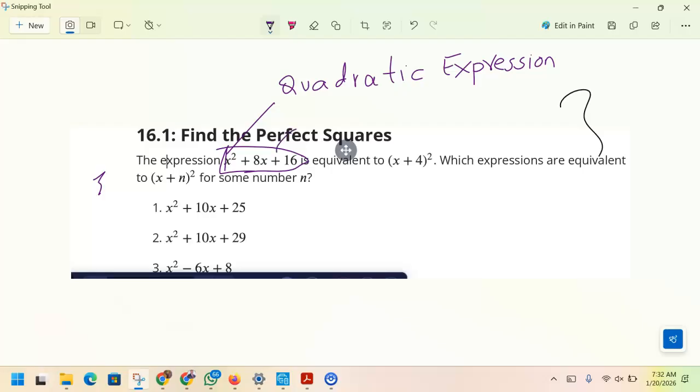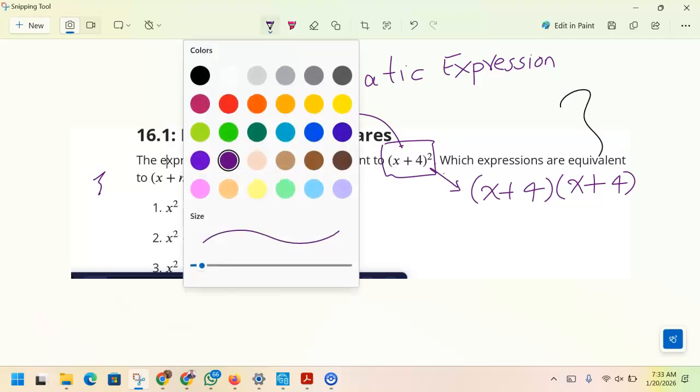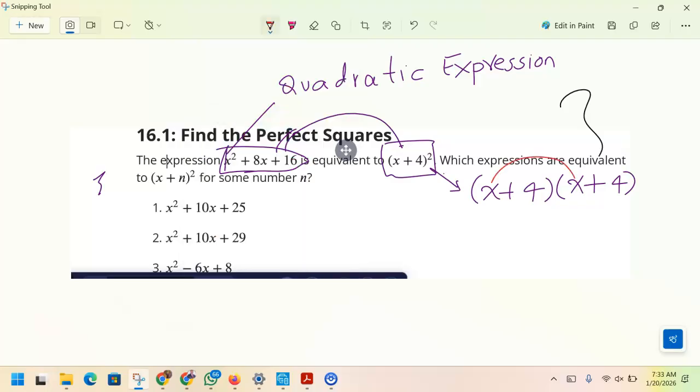Now the way it is written is equivalent to this one, x plus 4, the whole square. You may ask why? Because this x plus 4 squared can be written as x plus 4 multiplying itself. So you just multiply this by itself. You can use the distributive property to multiply x times x, which gives you x squared.